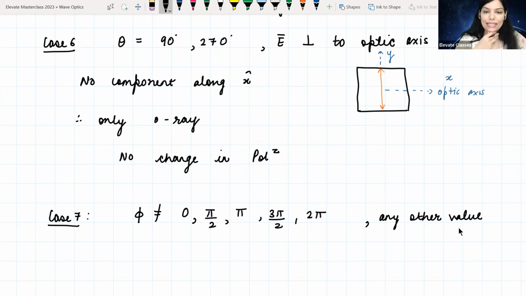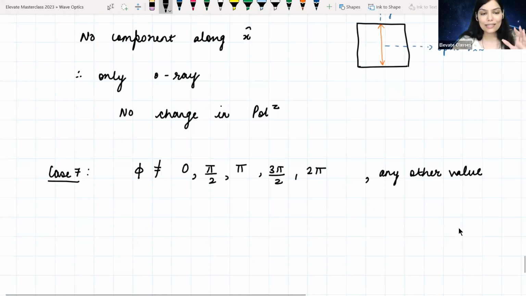ठीक है, सो मतलब इसके जो questions आएंगे उसमें we have to consider both of these things. We have to consider what is theta, the orientation, मतलब basically the angle the incident light is making with respect to the optic axis, and then phi, that what is the phase change the beam is experiencing after going through the crystal. So ये दोनों चीजें ध्यान देना पड़ेगा for solving the questions.